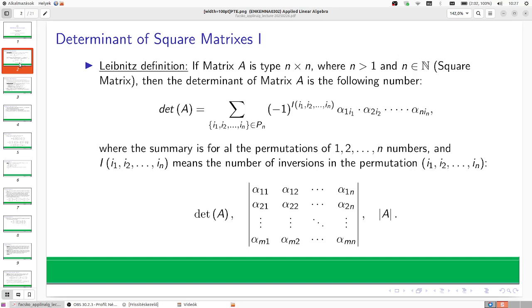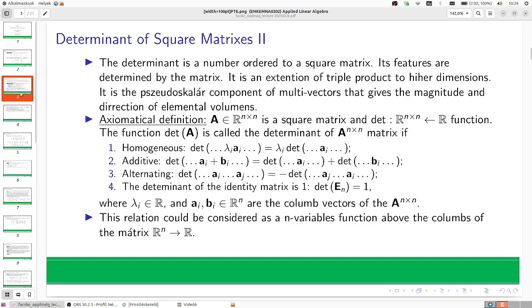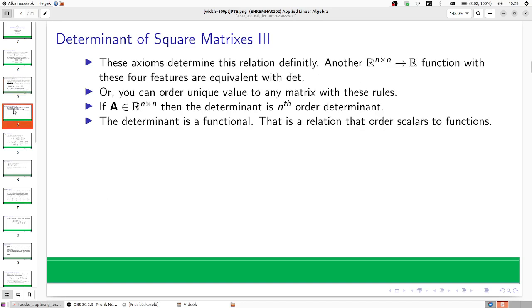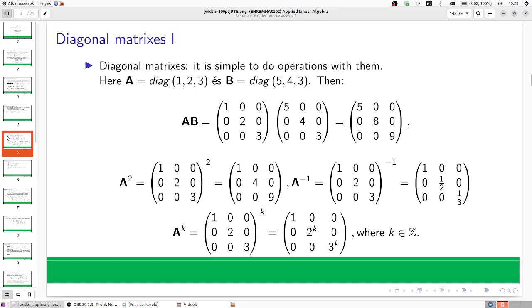a practice. I talked about different definitions of matrices, and determinants and everything. But there are special matrices. Some of them were mentioned. The first was the diagonal matrices. These are very simple. There are only elements in the main diagonal.